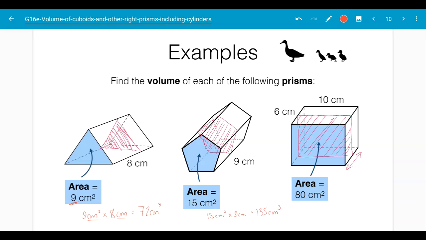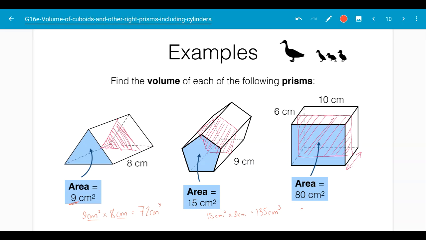And finally, the formula for finding the volume of a cuboid is the length times the width times the height. If you think about it, that's an area of one of its cross sections times by the third dimension. So here we've got 10 and 6 on here. Now the length of this cuboid we would say is the 6.